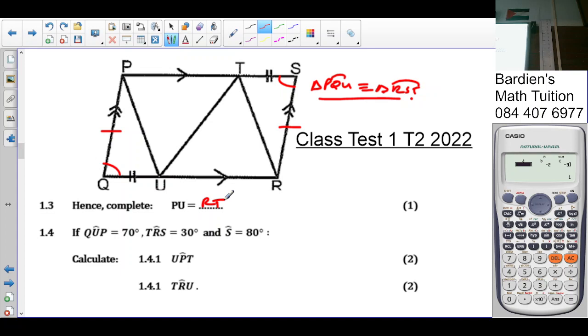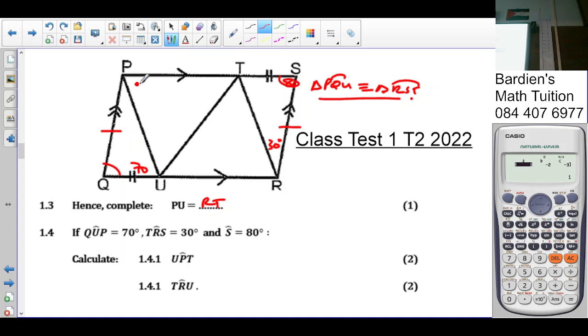One more. Then we are told if angle QUP is 70 degrees and angle TRS is 30 degrees, and angle S is 80 degrees, calculate UPT. UPT.